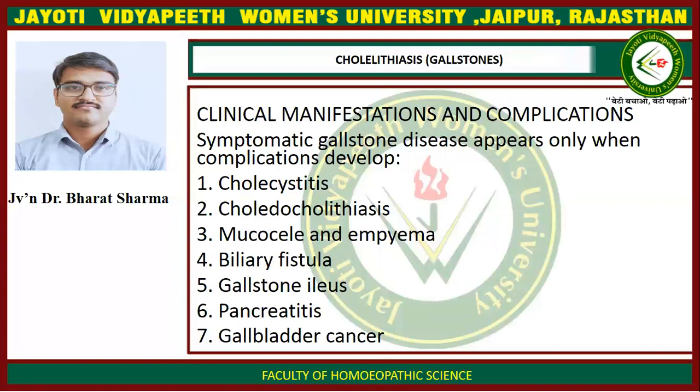Clinical manifestation and complications. Symptomatic gallstone disease appears only when complications develop. If a gallstone is present in a normal healthy person, there is a chance that the patient does not have any clinical manifestation. In almost 90 to 95% of cases, when gallstones develop symptoms, it is because the gallstone causes complications.